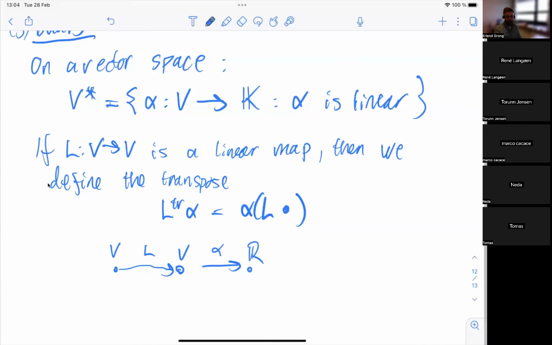And the reason why it's denoted as the transpose is that if you pick any basis of the vector space and write L as a matrix in this vector space, and then you use the same basis to write alpha as a vector, then this action will correspond to L working as the transpose matrix.